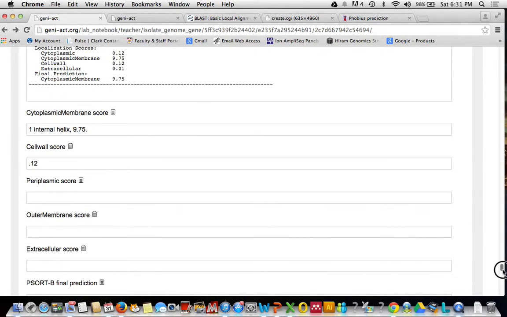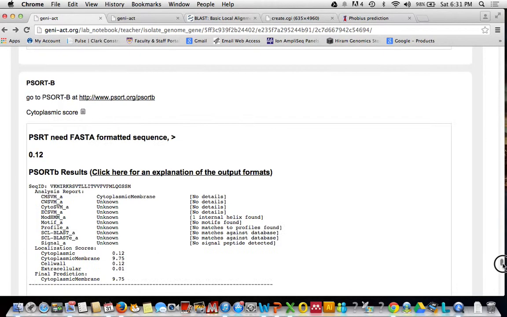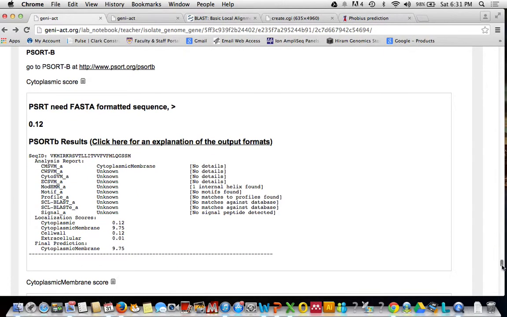Now you do exactly the same thing with PSORT and Phobius. Once you've pasted your amino acid sequence into PSORT and into Phobius, it will give you back some data. It will give you localization scores. The higher your localization score, the higher the probability that your protein is present in that cellular compartment.